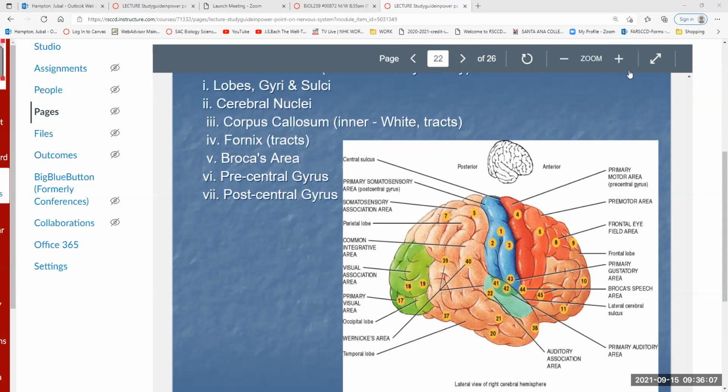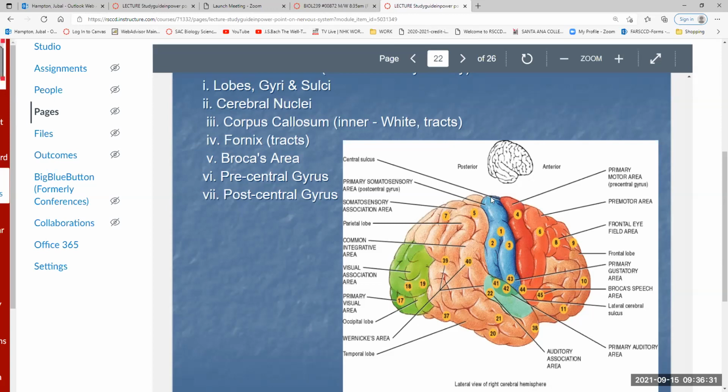That lateral sulcus helps to define our temporal lobe. The central sulcus helps to define our anterior and posterior brain. Found anterior to the central sulcus is the precentral gyrus.